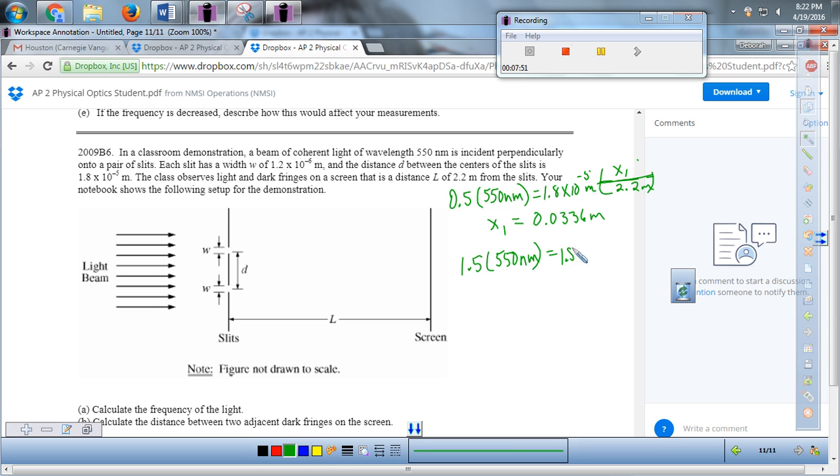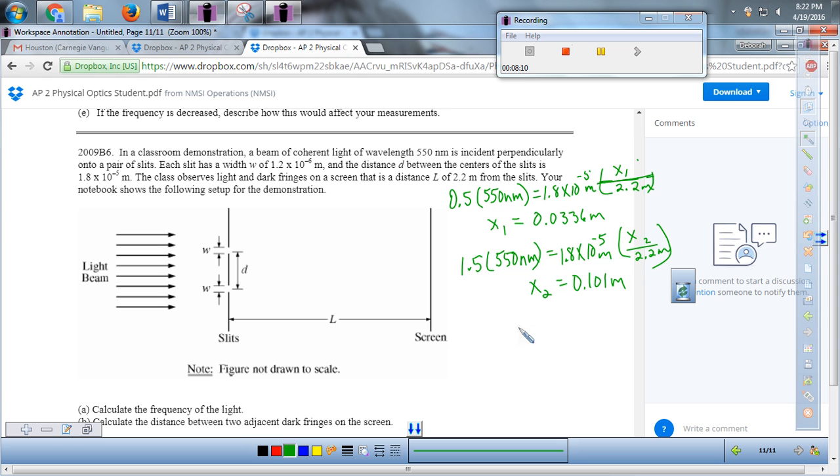It's equal to my 1.8 times 10 to the minus 5 meters. x2 is what I'm looking for now, over 2.2 meters. So x2, when I did it, was 0.101.